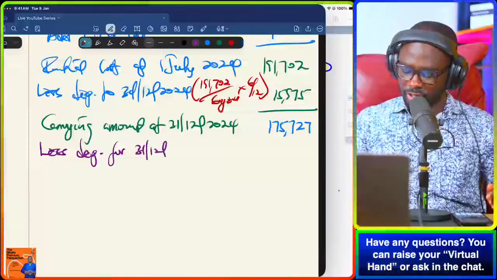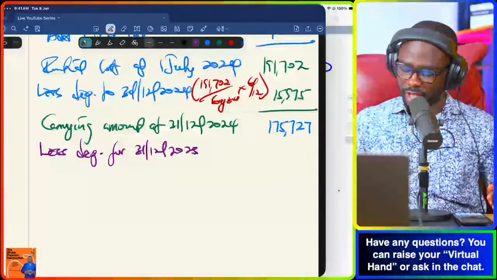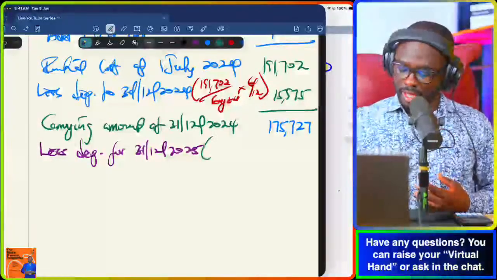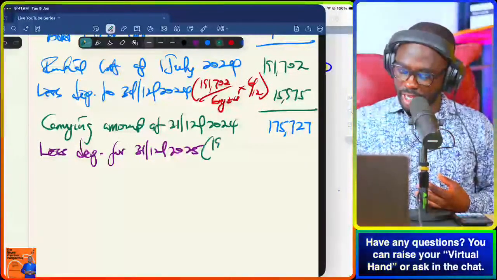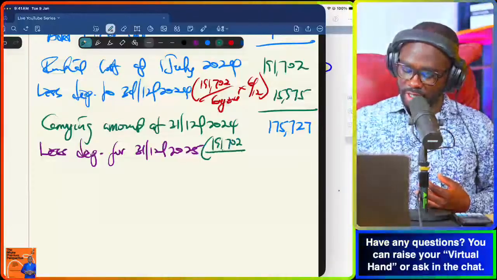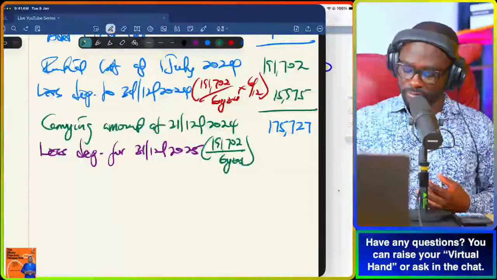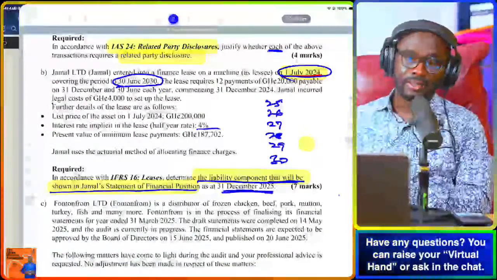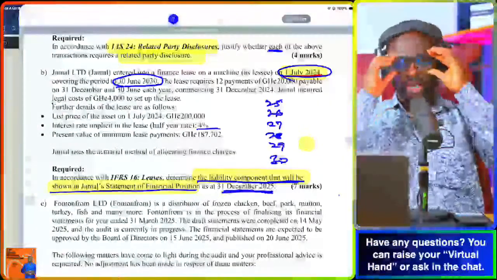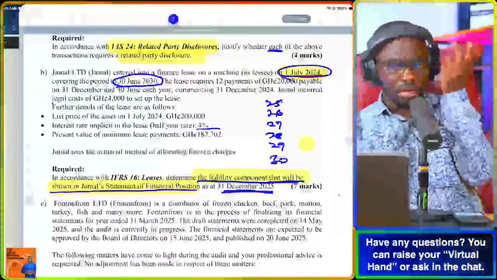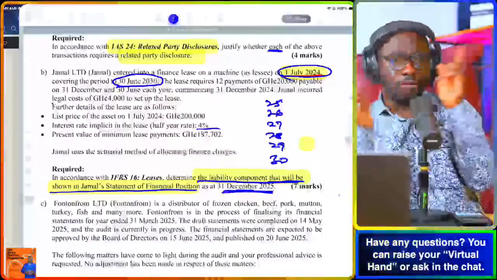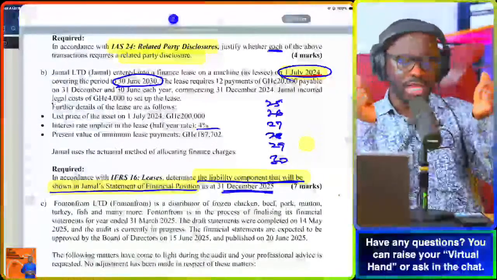So we charge depreciation for 31st December 2025, which will be a full year depreciation. And so that's going to be 191,702 divided by 6 years. We were not given the economic useful life of the asset because, as I mentioned in the introduction, if we're given the economic useful life of the asset, then we'll look at the lower of the two, economic useful life of the asset and the lease term.